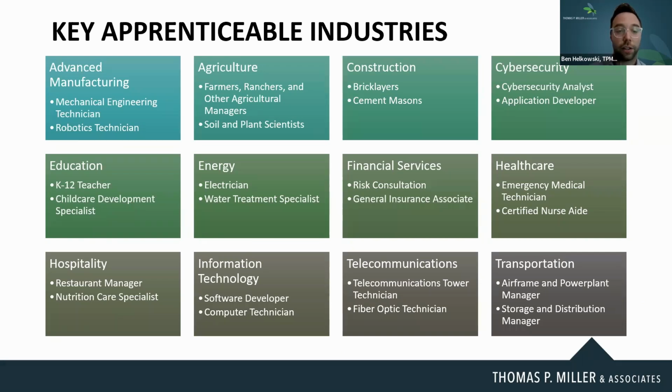Telecommunications industry, that includes telecommunications tower technicians and fiber optic technicians. And last but not least, the transportation industry, that includes airframe and power plant managers and store and distribution managers. I also want to note that this is not a comprehensive list of the occupations that are outlined on Apprenticeship USA, simply the industries.